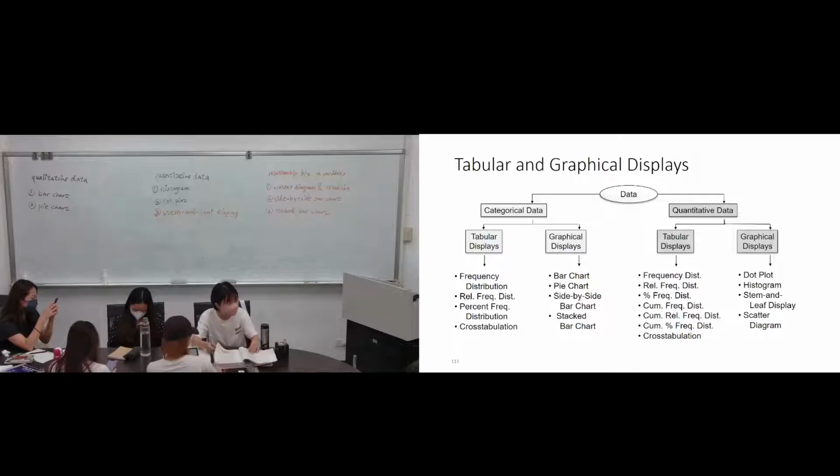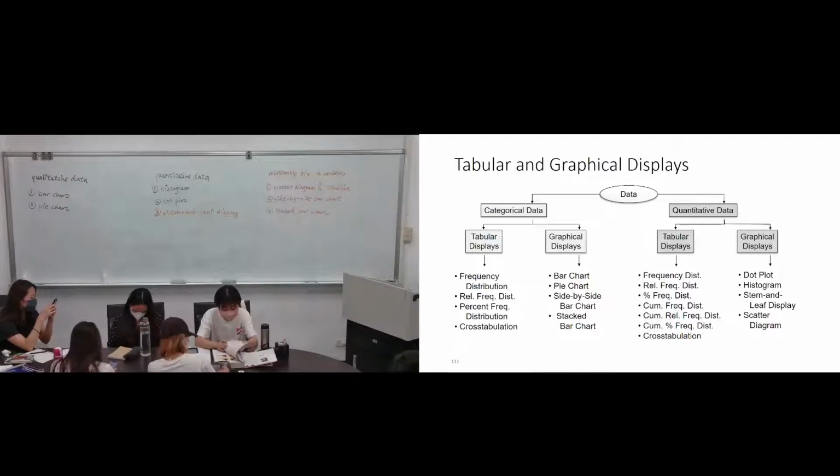To summarize the categorical data, the tables we use present the frequency distribution, relative frequency distribution, percent frequency distribution, and cross tabulation table.